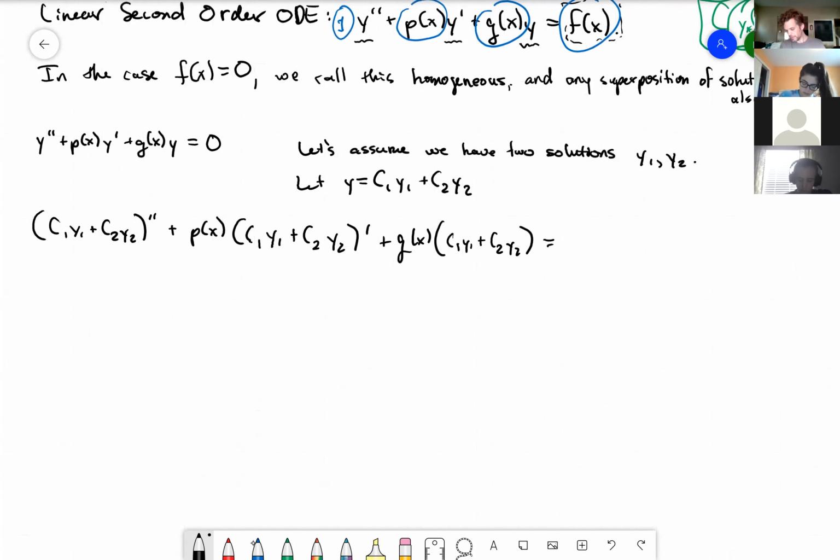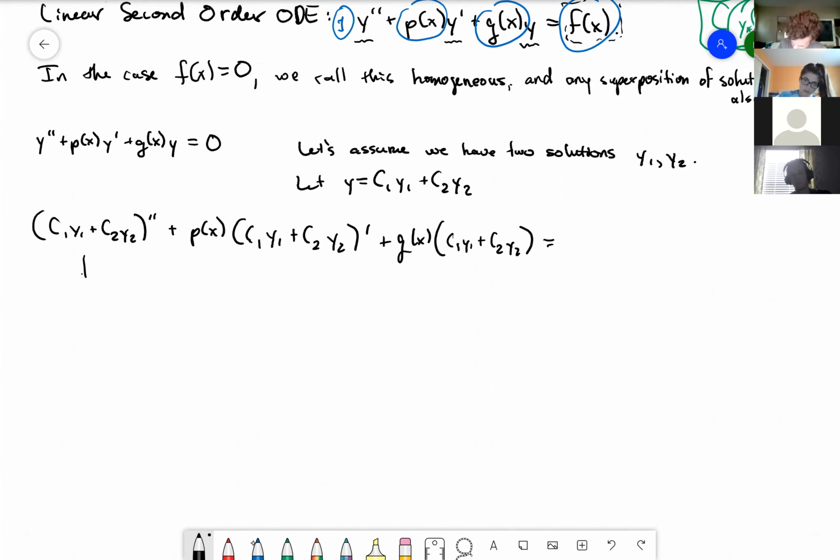So just like we saw before, there's this very useful property of the derivatives. Remember, it splits along sums. So the derivative of a sum is the sum of derivatives. And we can also move constant multiples outside.